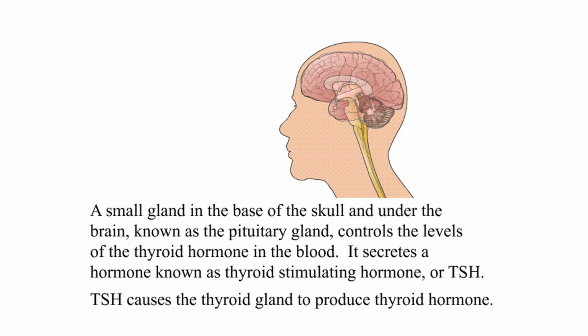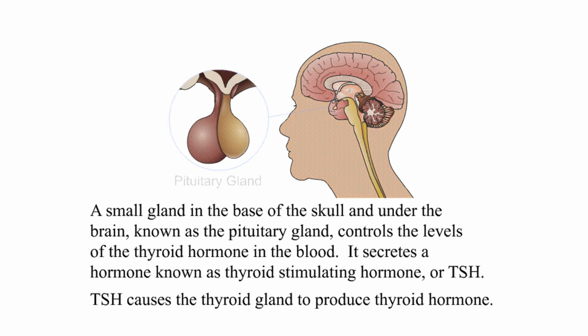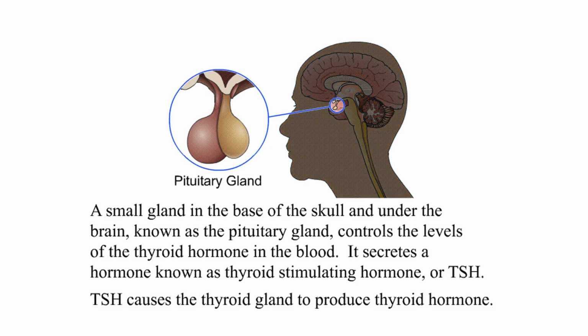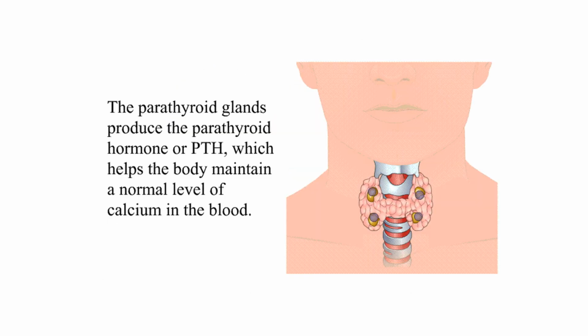It secretes a hormone known as thyroid-stimulating hormone, or TSH. TSH causes the thyroid gland to produce thyroid hormone. The parathyroid glands produce the parathyroid hormone, or PTH, which helps the body maintain a normal level of calcium in the blood.